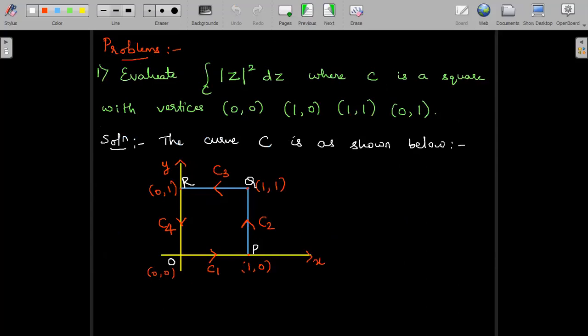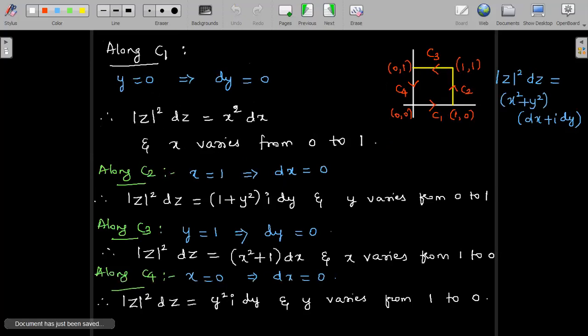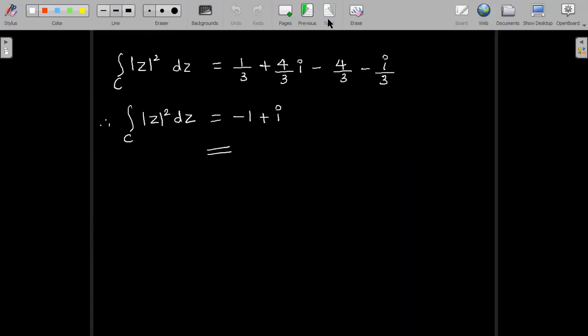Drawing the figure actually helps us proceed further, because in each case we were able to write down the equation of that particular line segment and express the limits easily. It is always better to write down the figure. The rest is evaluation of the integral and applying the limits. So this is how a simple problem on line integrals can be worked out.